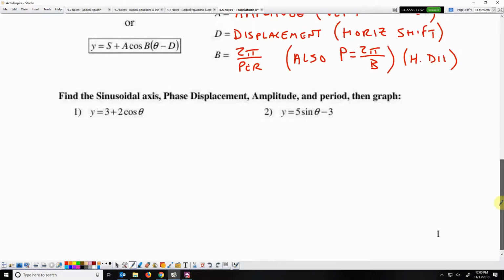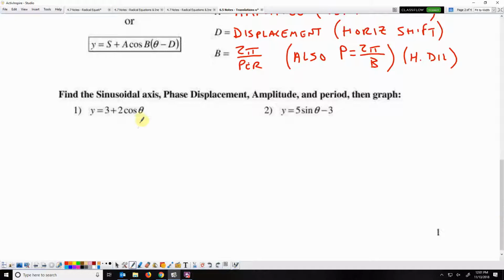All right, so we are going to find the sinusoidal axis, the displacement, the amplitude, the period, and we are going to sketch a graph.